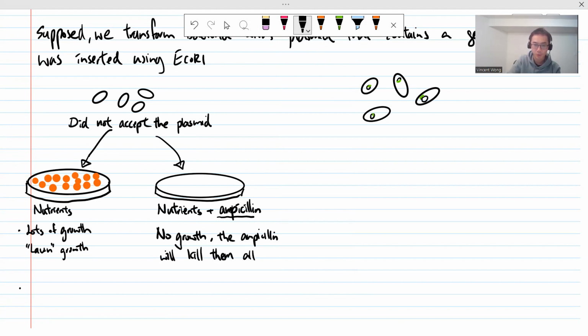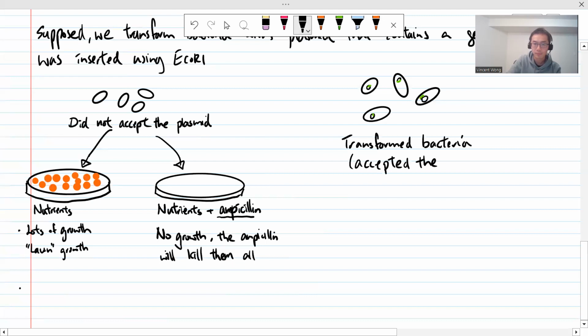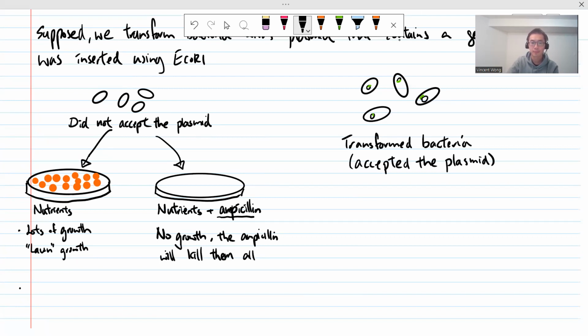Transformed. They accepted the plasmid. Let's take a look at what happens if you grow them in the plate.